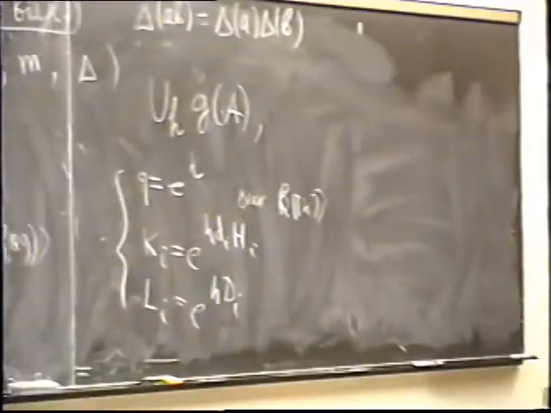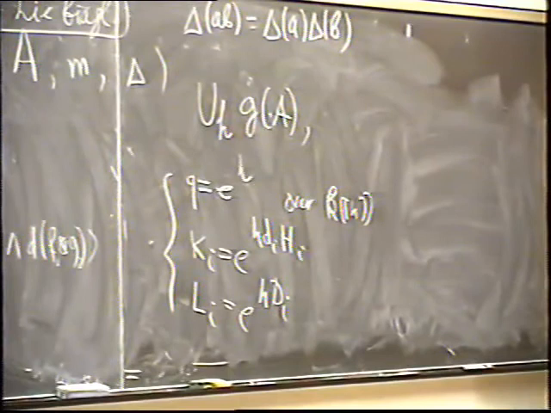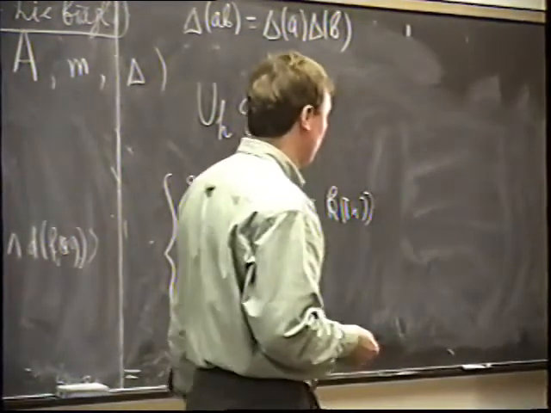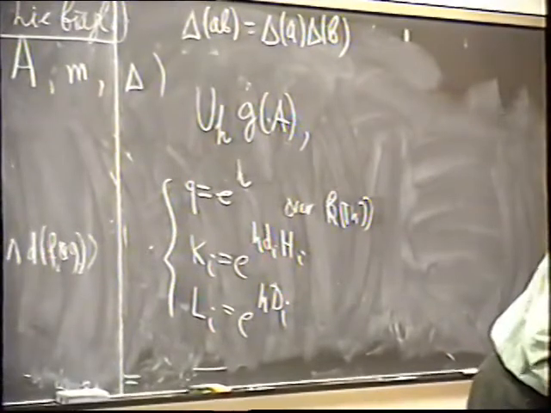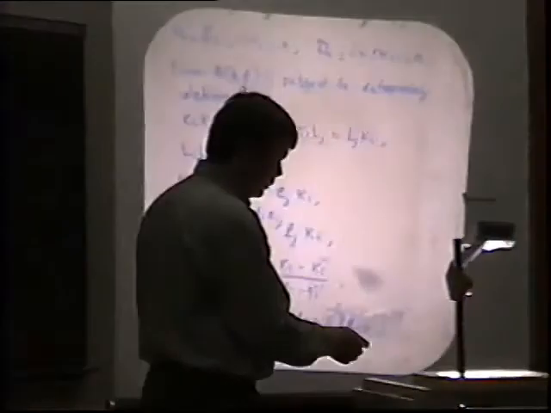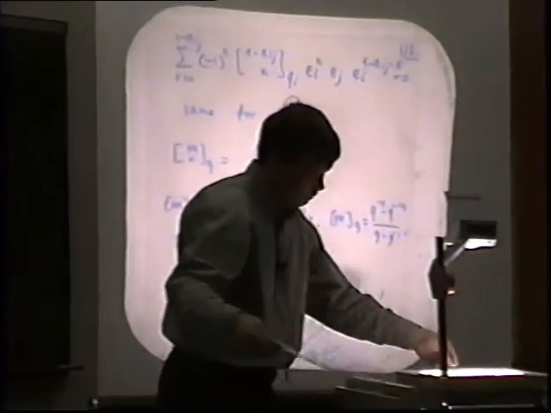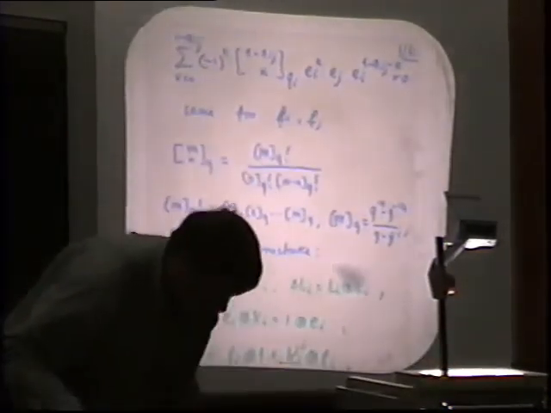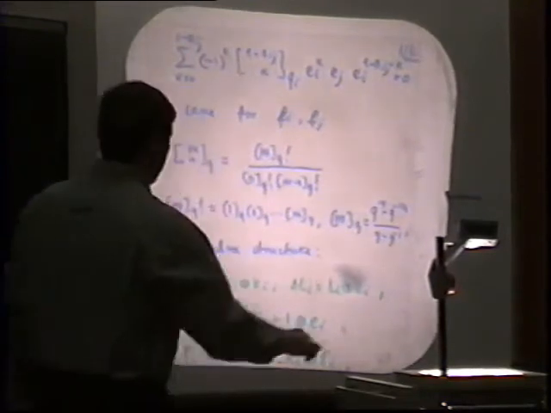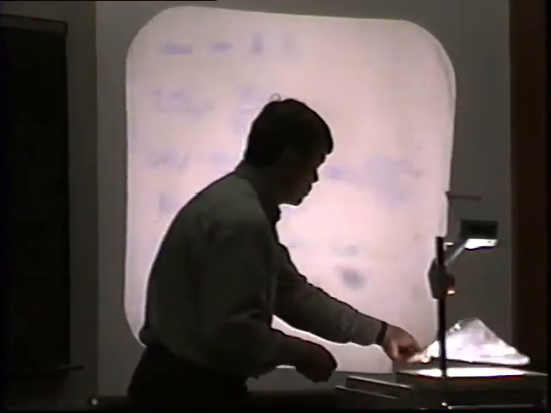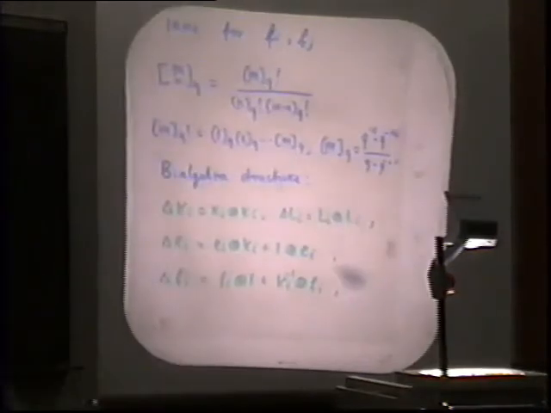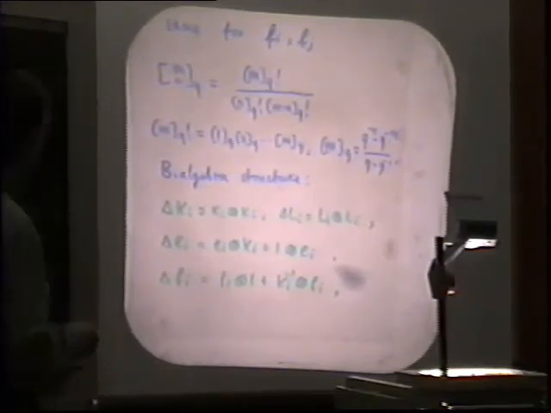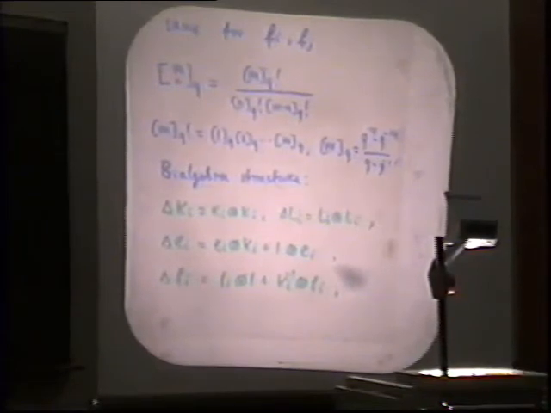And here you can see the explicit, terribly looking relations, but in fact they are quite remarkable. In terms of these generators, subject to these relations, there's a very simple bialgebra structure, which is given on generators of this algebra by these simple formulas. And so you don't have only an existence theorem, you have an explicit description of the deformation in this case.